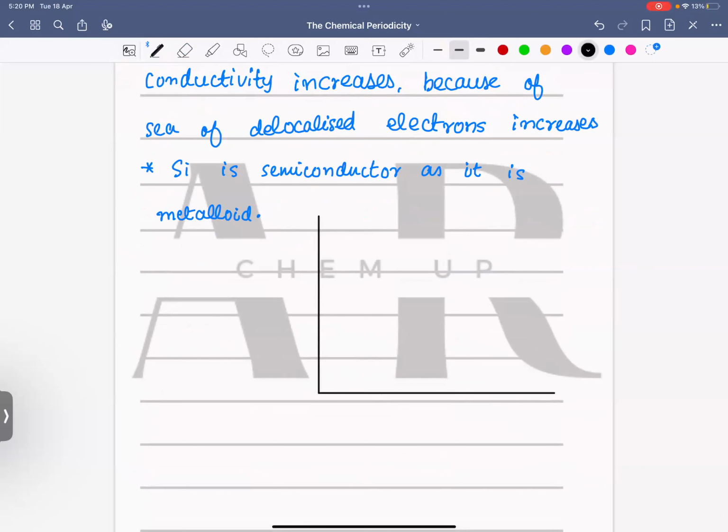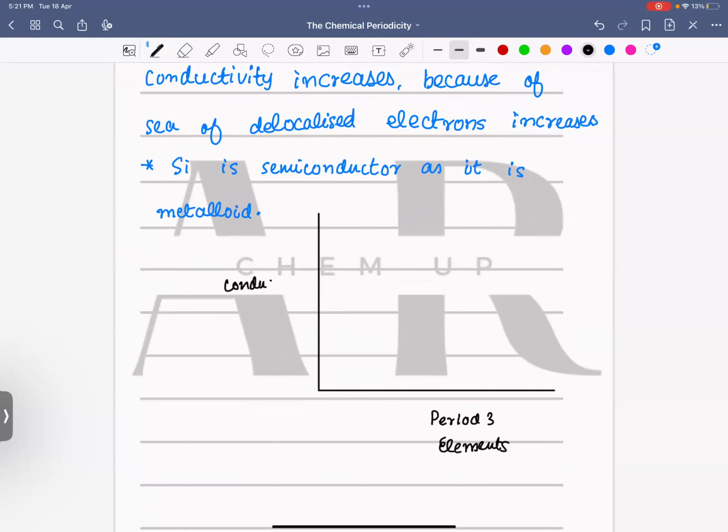So if I take period 3 elements over here and the conductivity over here, first, from sodium to magnesium to aluminium, then silicon, and after silicon, phosphorus, sulfur, chlorine, argon. Even put these a little smaller.